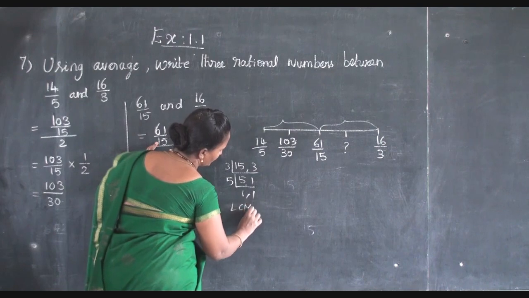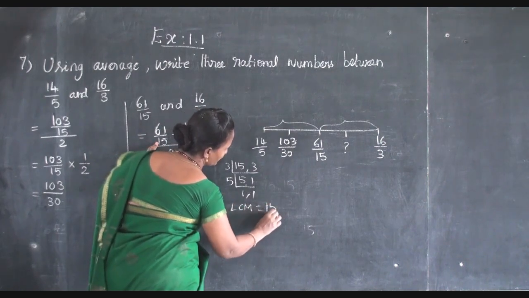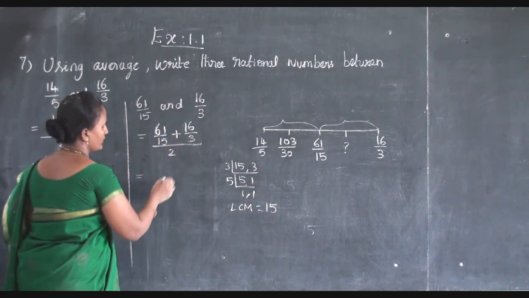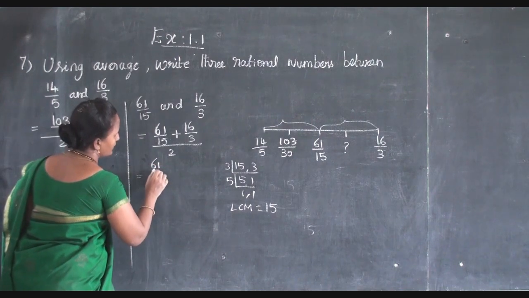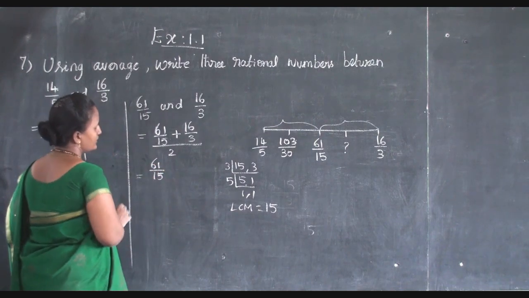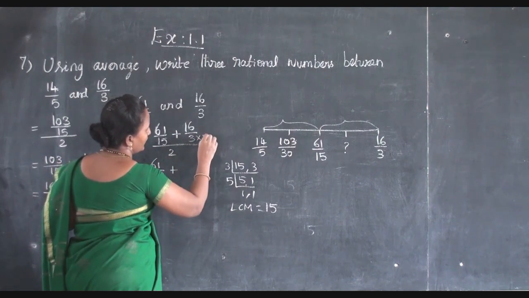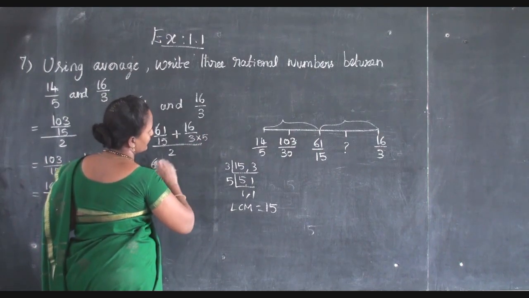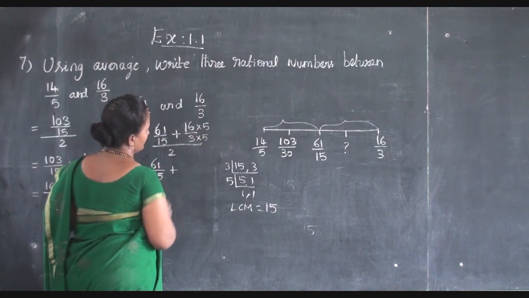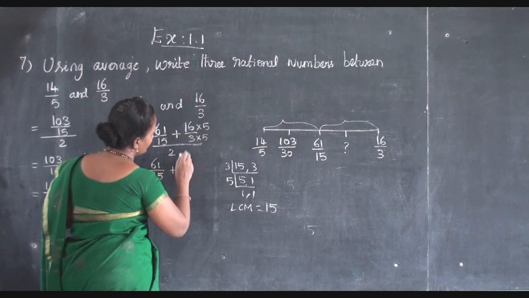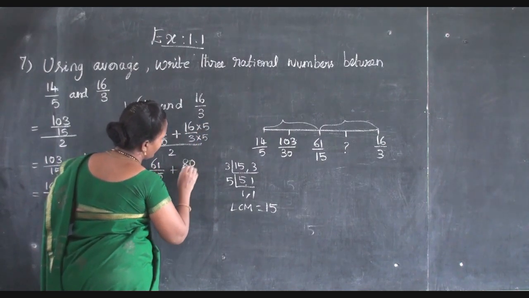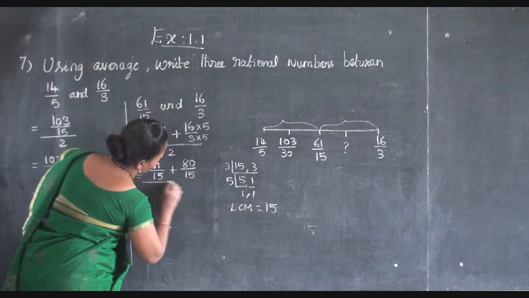So LCM equal to 3 5s are 15. 15 is already here, so no change. And multiply by 5 to get 15. Multiply with denominator also. 16 5s are 80, divided by 15, whole divided by 2.